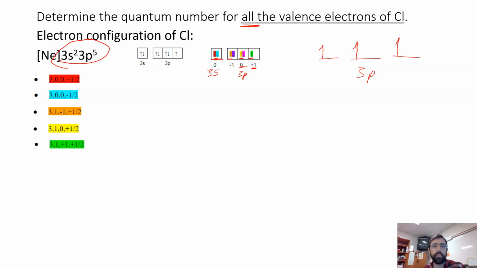And then we're going to go back to the next down arrow, which would be the purple one. So that will be 3, 1, and it's -1 because it's on the left, and it's down, so that would be -1/2. And then finally, the last one is the pink arrow. That'll be 3, 1, because it's still 3p, and down on the 0, so it'll be 0, -1/2.